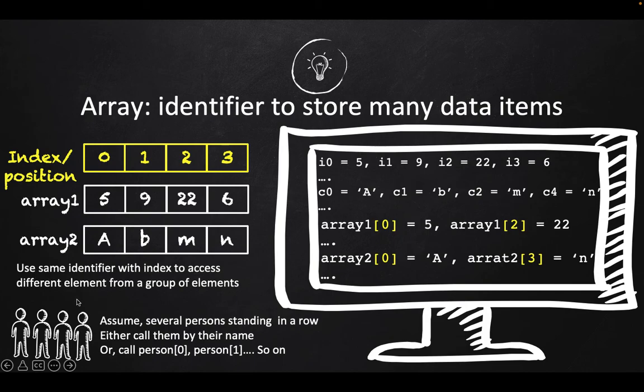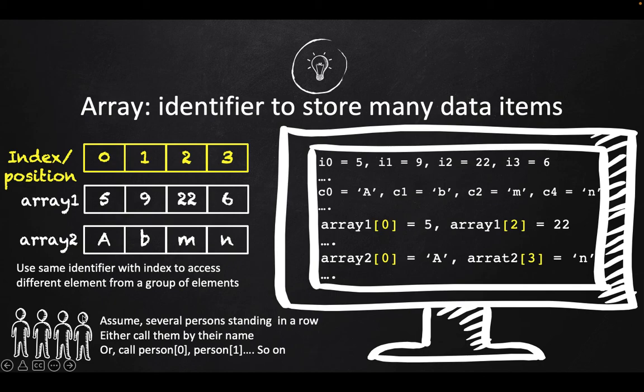For example, let's say a receptionist is maintaining a long queue in front of a restaurant. There are two different ways a receptionist can maintain the queue. Number one is the receptionist needs to address each of the individual persons in the queue, as you can see here, with their names. For example, Alice, Bob, Charles, David, like that.